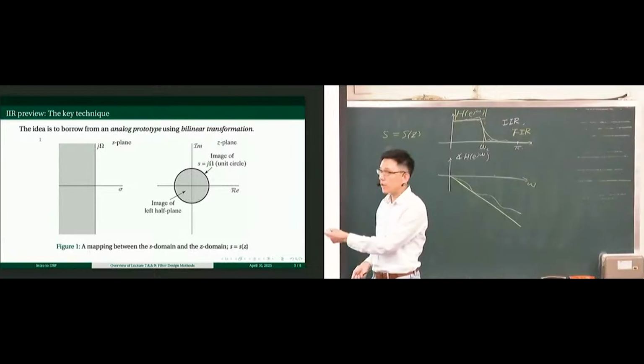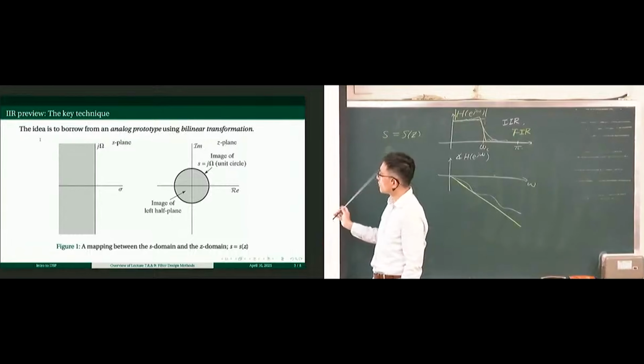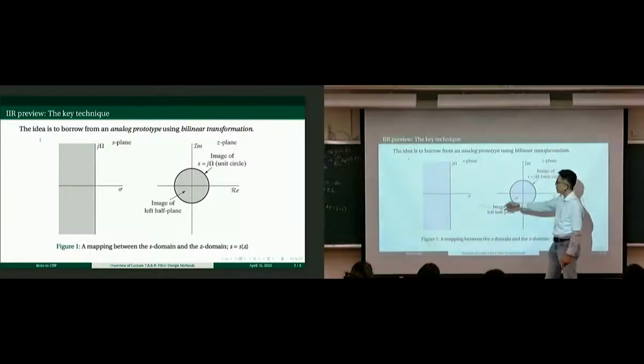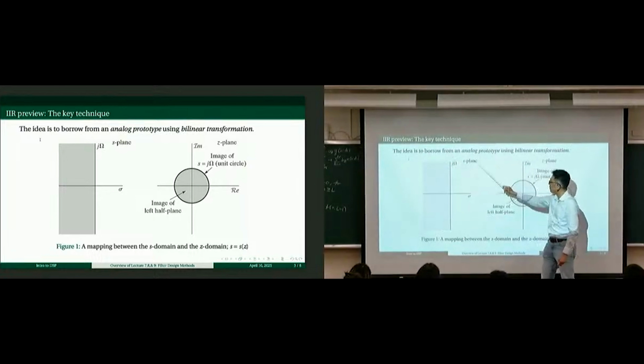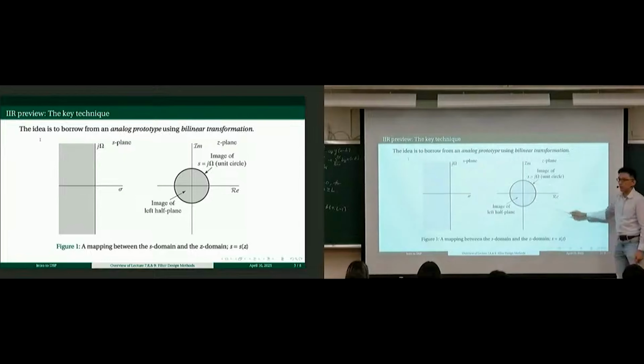One is in the S domain, the other is in the Z domain. And on this slide, I'm showing that it turns out that the way we define bilinear transformation leads to a nice property that the left half plane of the Laplace domain corresponds to the inside of the unit circle in the Z domain. And we will learn that.